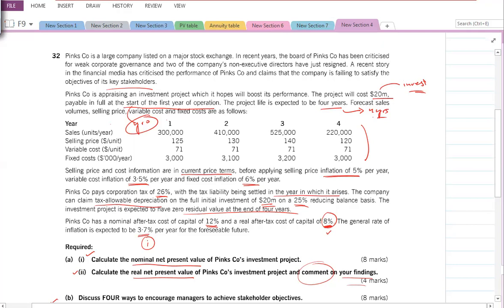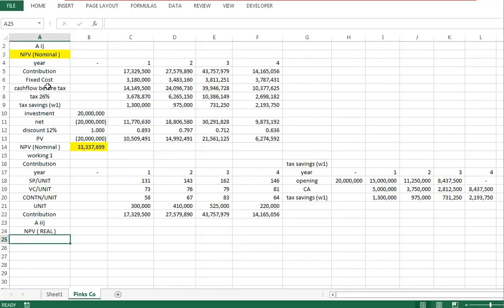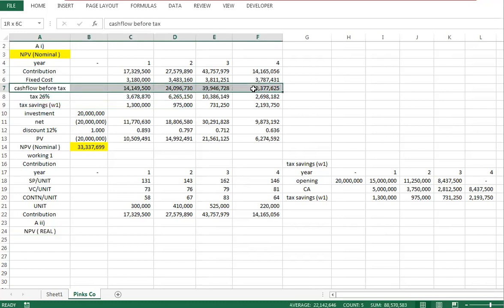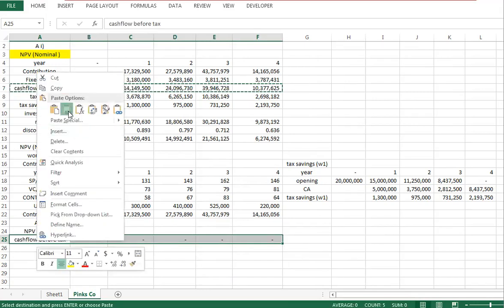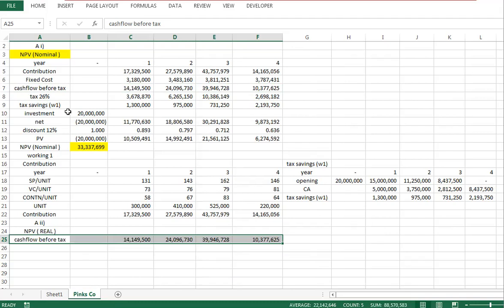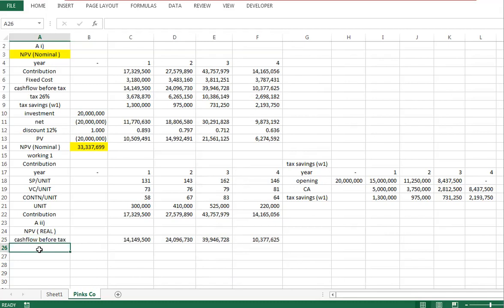So I'm going to pick up the figures of the cash flow before tax from here. I'll paste it here, the cash flow before tax, paste special, okay? So I have the cash flow before tax here, and then I'm going to convert it into real cash flow before tax. So real cash flows before tax, which means I have to deflate all the figures, right?